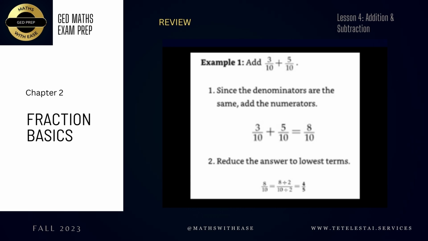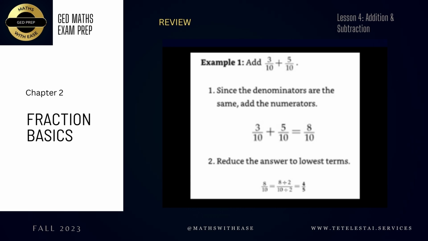Because the denominator is a representation of the number of parts that you're working with. Since we're working with 10 parts, we want to reflect that in our answer. These are like fractions, so the denominator stays the same. We have 3 plus 5, 8 parts that are shaded, over 10 parts total.